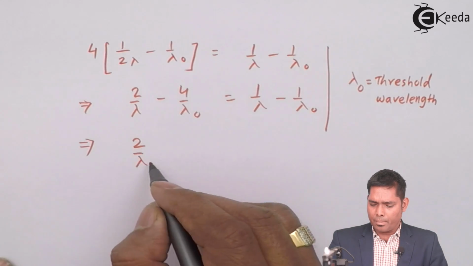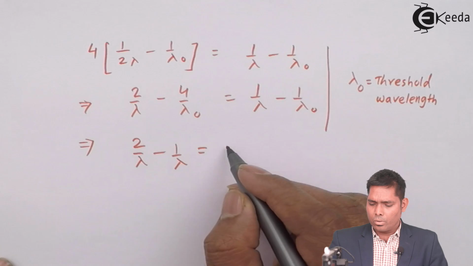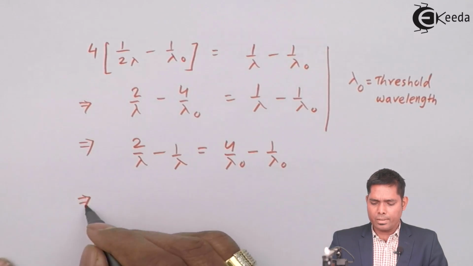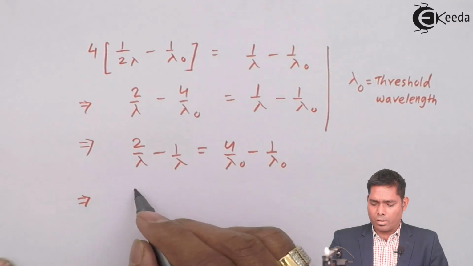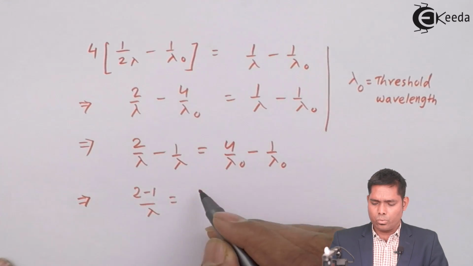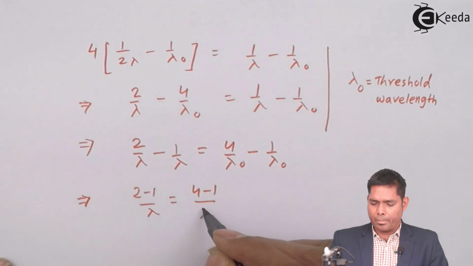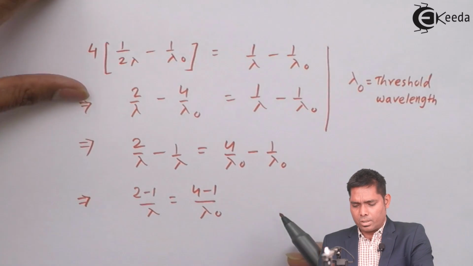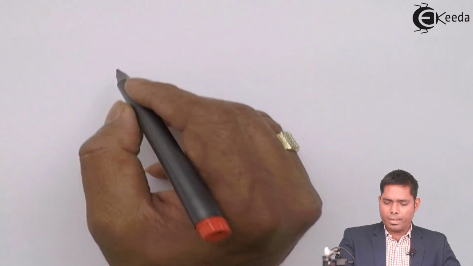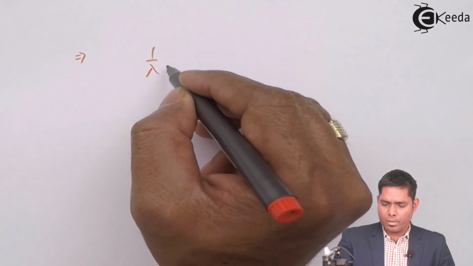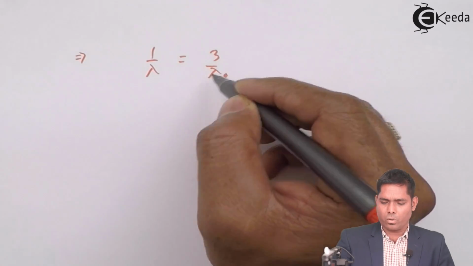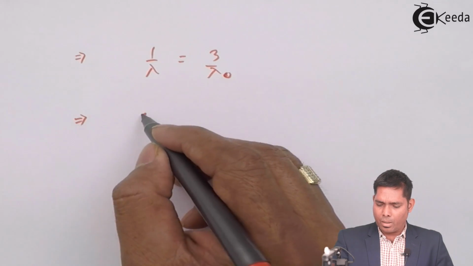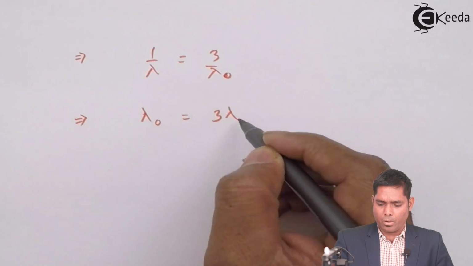So it is 2 over lambda minus 1 over lambda equals 4 by lambda naught minus 1 over lambda naught. This implies 2 minus 1 by lambda equals 4 minus 1 by lambda naught. So 1 over lambda is equal to 3 over lambda naught, which implies lambda naught is equal to 3 lambda.